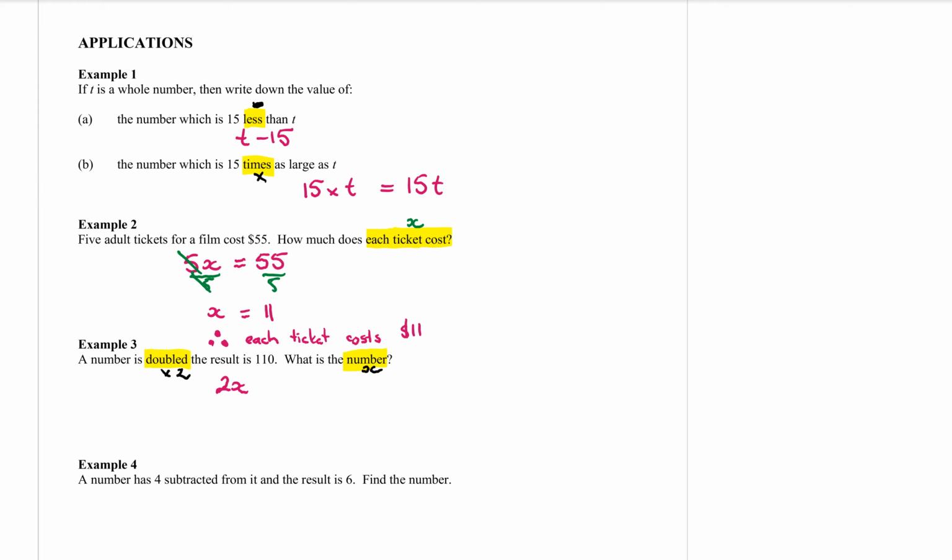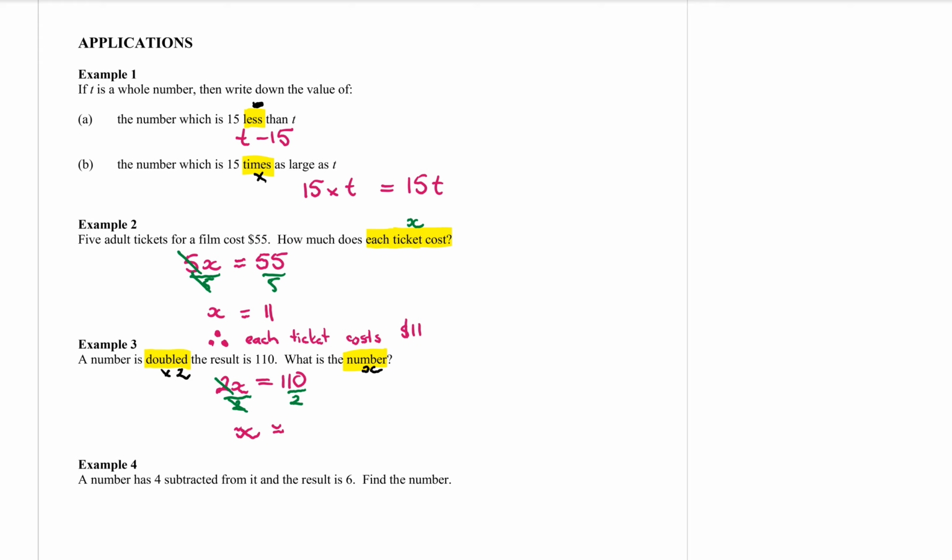Then it says the result is. That's another way of saying equal to 110. I've made an equation. Now I want to solve it. So I need to get rid of the 2. So I divide by 2 to cancel that off. x is by itself. Oh, let me write that neater. x by itself.